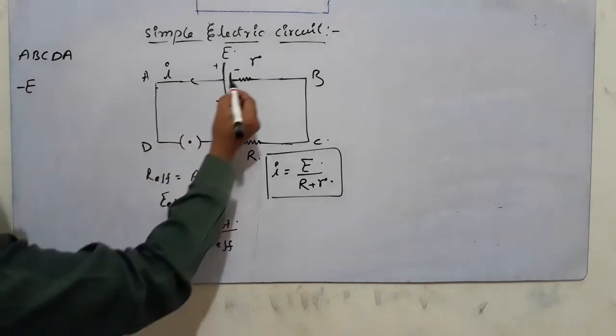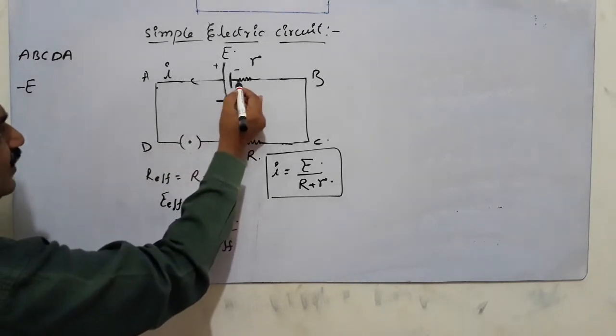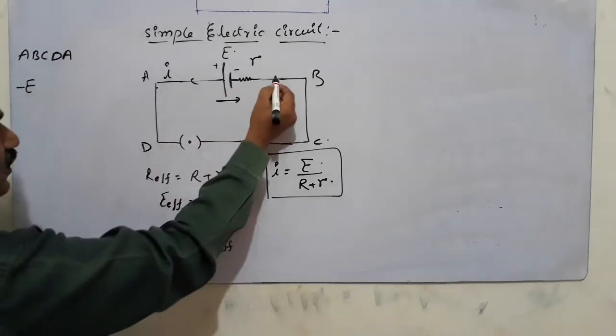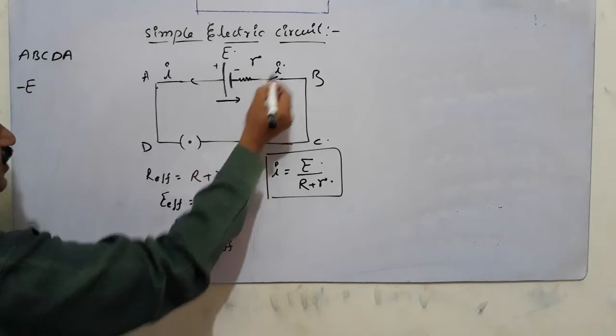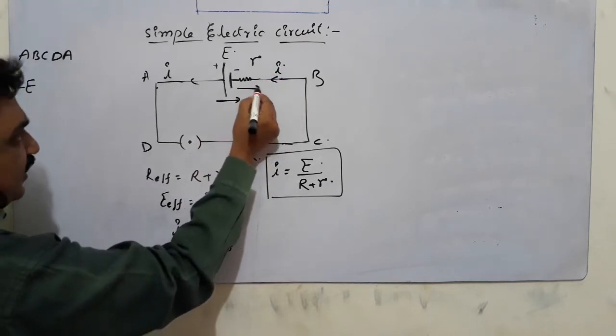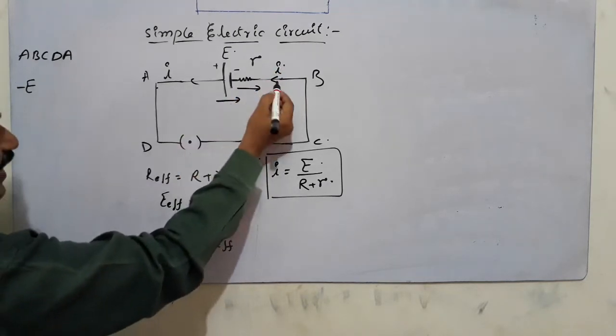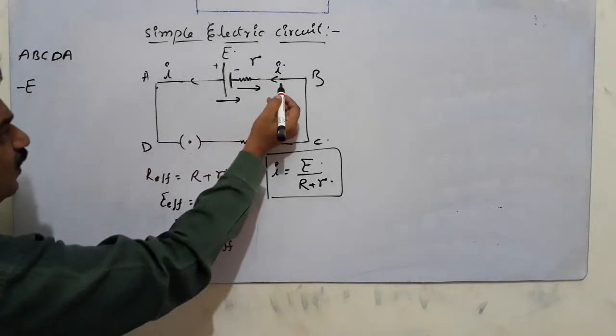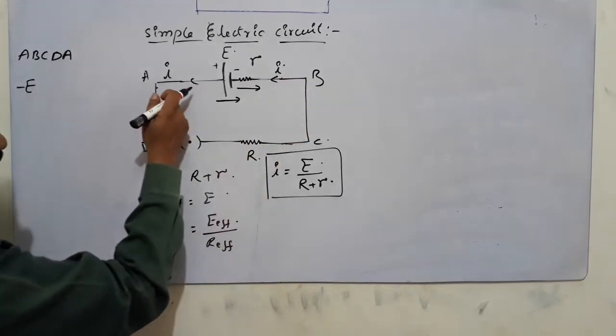And later I am going across the resistor R also. Here in this situation, current is flowing like this, but you are crossing this resistance against the current. That means you know already current flows from high voltage to low voltage.